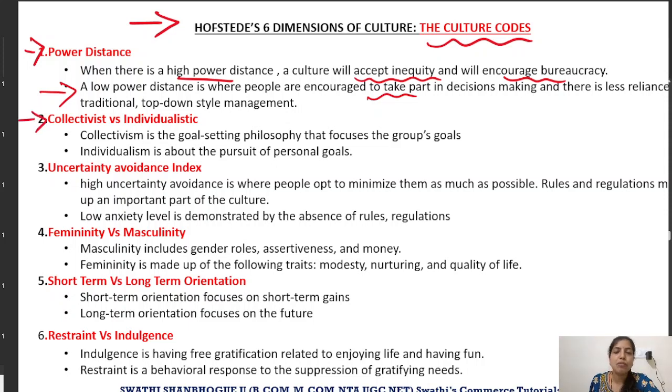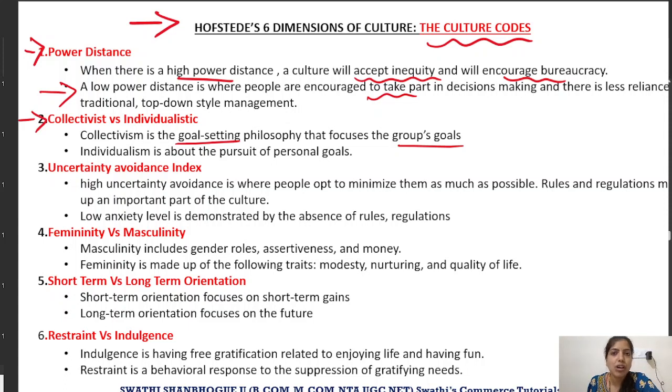The second cultural code which has to prevail in this environment is collectivist or individualist. Which type of business are you? Collectivist means in your organization you set up a goal focusing on the group, where all the employees run for the establishment of the company and work in coordination to meet that group goal or the company's goals.